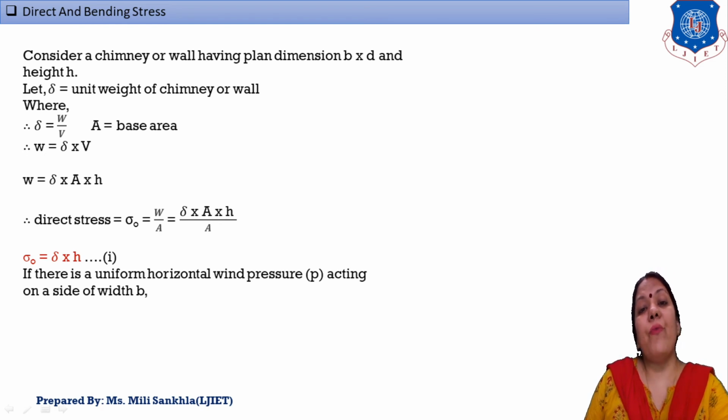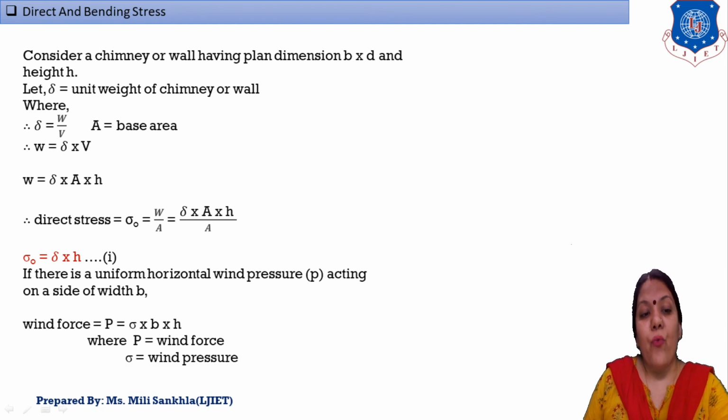Next we find the wind force, because wind pressure is equal to force divided by area. So force depends upon wind pressure into area. Here wind force P is equal to sigma, where sigma is the wind pressure acting on the wall of the chimney.